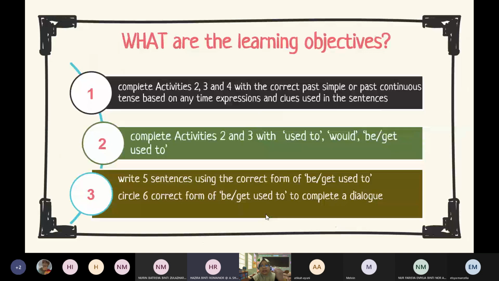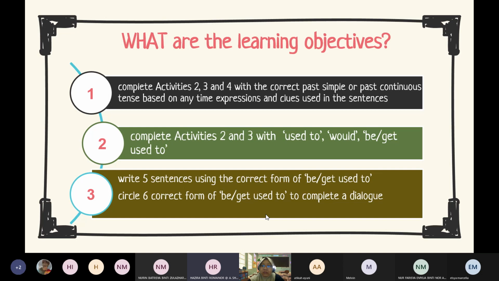Here are the learning objectives for today's lesson. The first one is you have to complete activities 2, 3, and 4 with the correct past simple or past continuous tense based on any time expressions and clues used in the sentences.